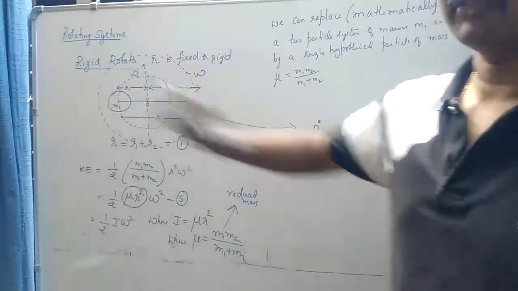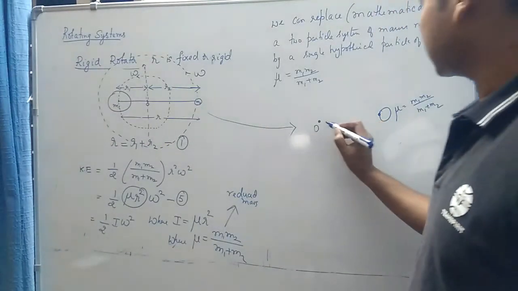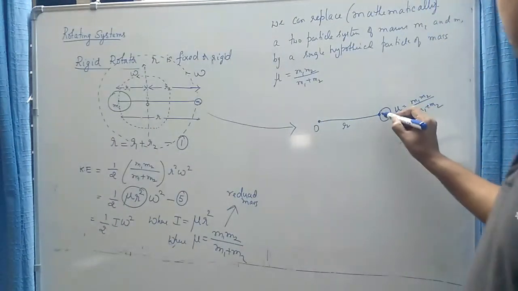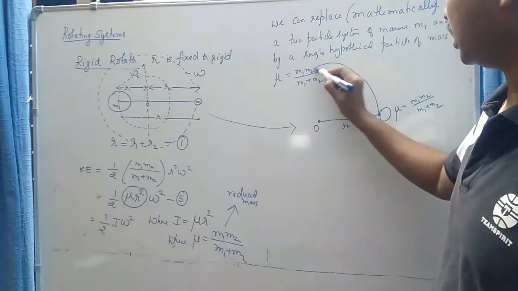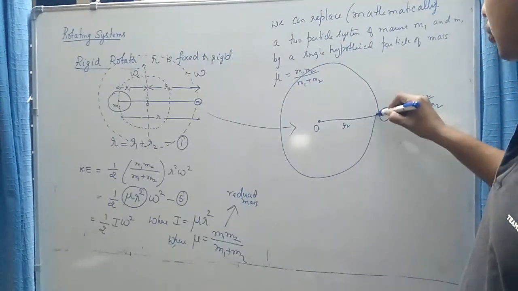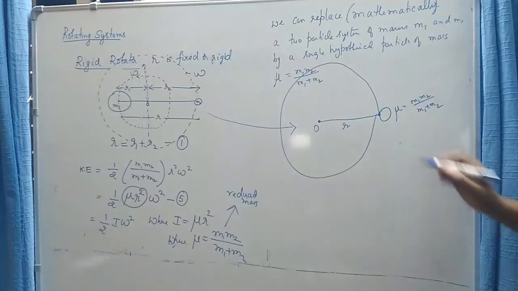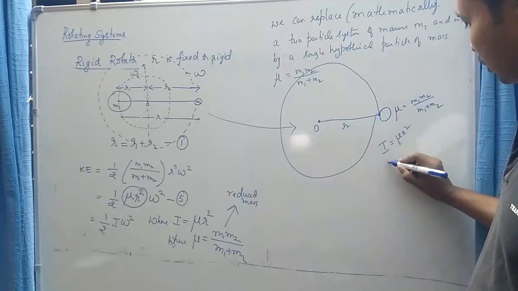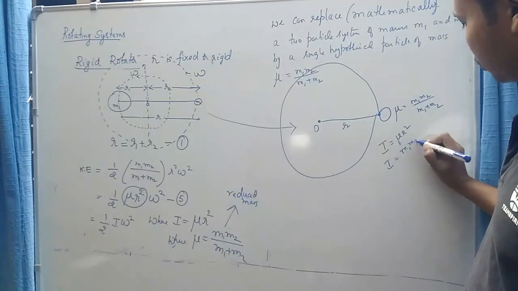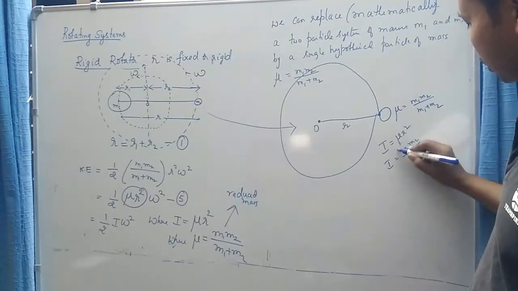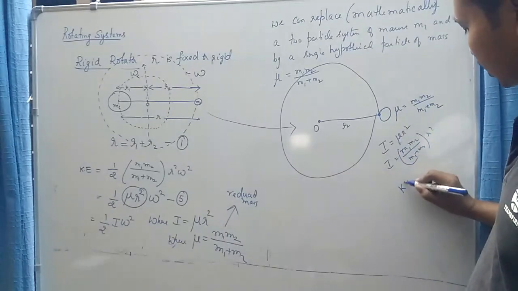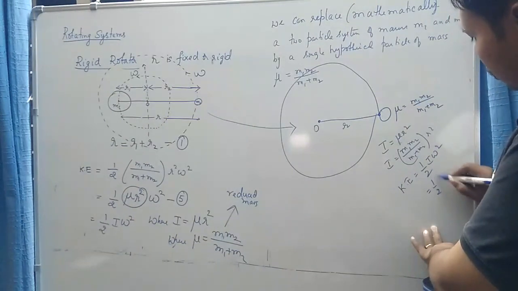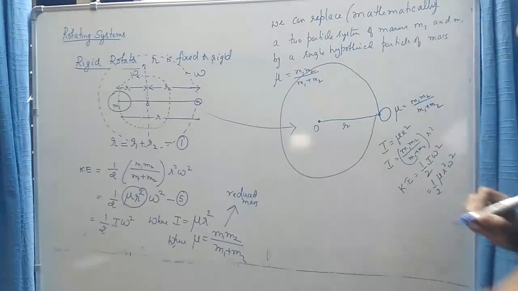This mass is kept at a distance r from the origin and performs a rotational motion about point O. The moment of inertia of this particle is mu r square, or I is equal to m1 into m2 divided by m1 plus m2 into r square, and the kinetic energy is half into I omega square, or half into mu r square into omega square.